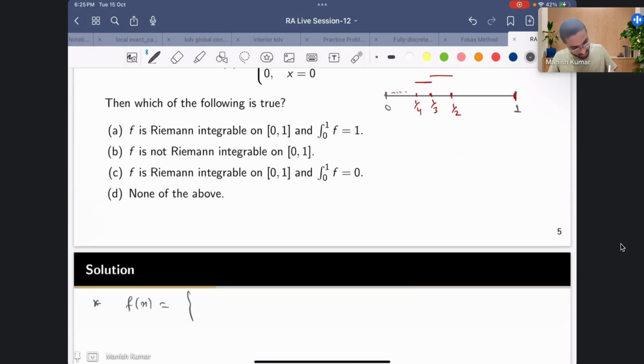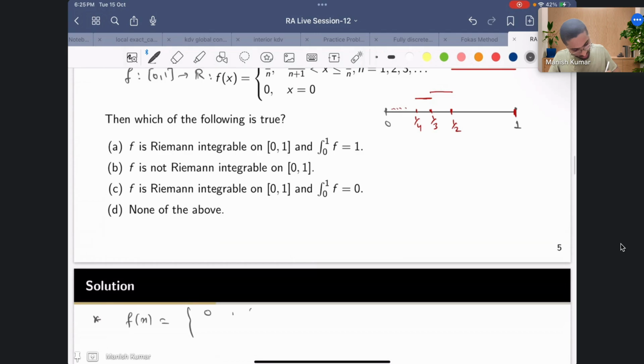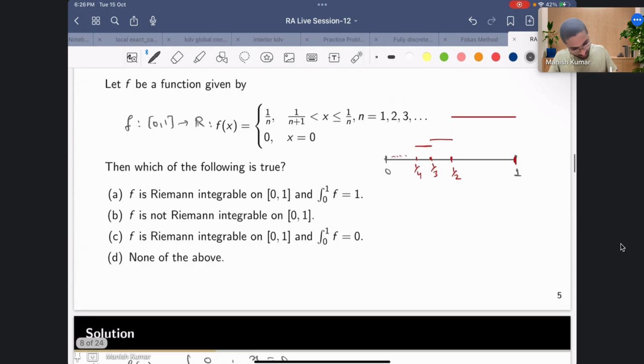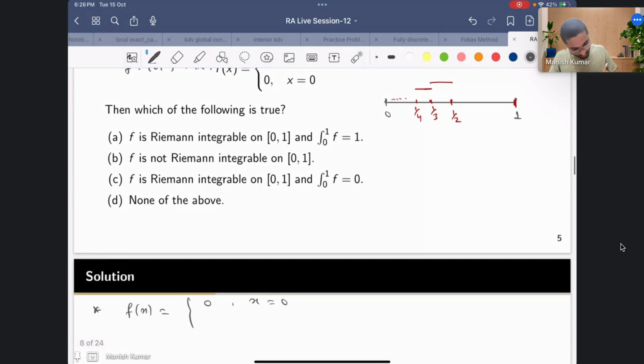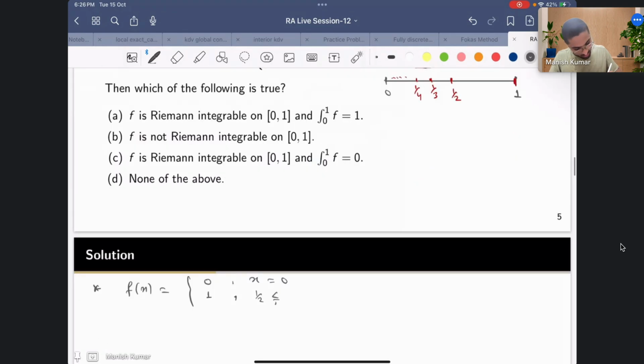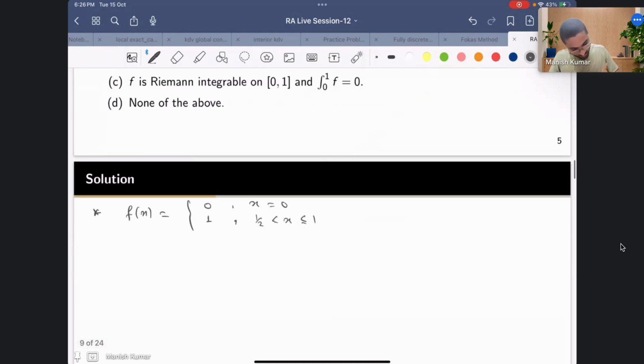So f(x) is nothing but 0 at x equal to 0. It is taking the value 1 when x is in the interval half excluded and x less than or equal to 1, and 1 by 2 when you have this value, and so on.